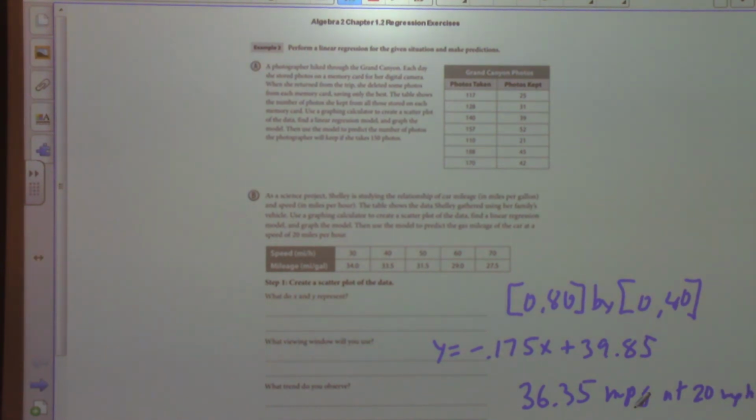Now, does that make sense? Does a car's mileage go down as you drive faster? Is that a true real-world thing? In general, it is, above a certain speed. What do you think causes that mileage to go down as the car goes faster? What do you think? The car has to work harder, yeah.